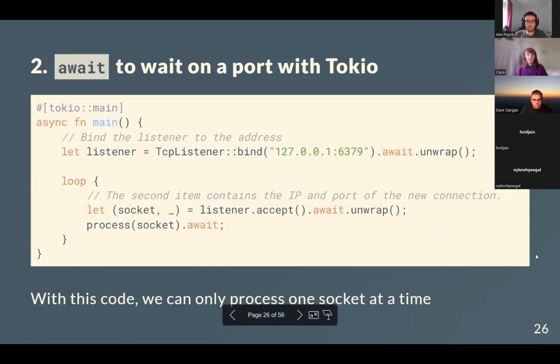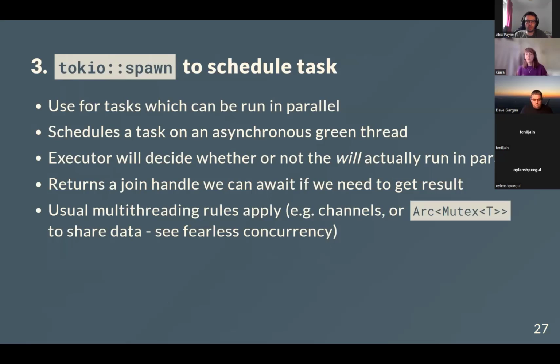If we wanted to do that, we would want to use something like Tokio spawn. So this is what you use for tasks which can be run in parallel. And it's going to schedule that task on an asynchronous green thread, which means it's not a true operating system thread. And it's not necessarily going to run in parallel, but the executor is allowed to run it in parallel if it has access to more than one thread and it decides to.